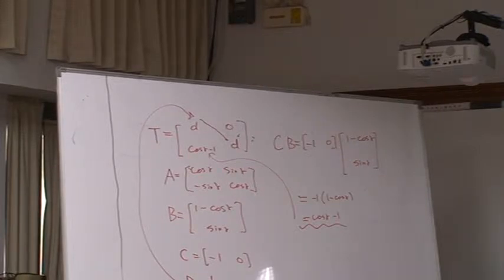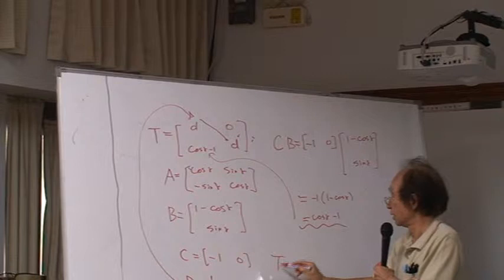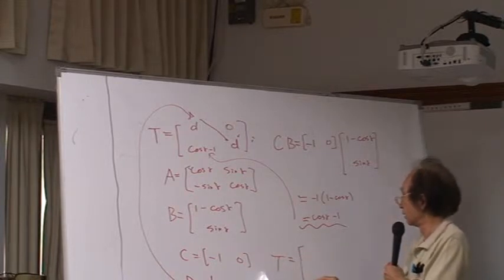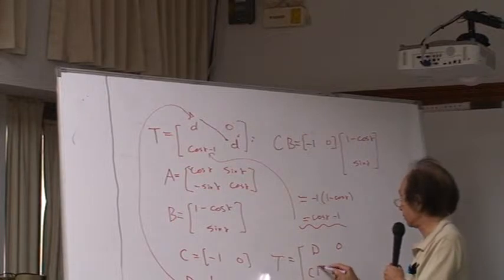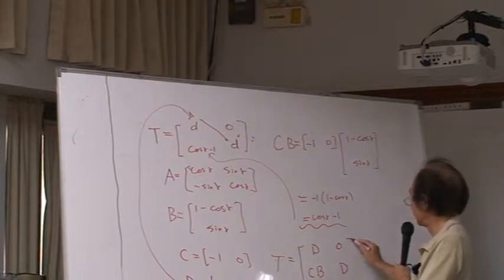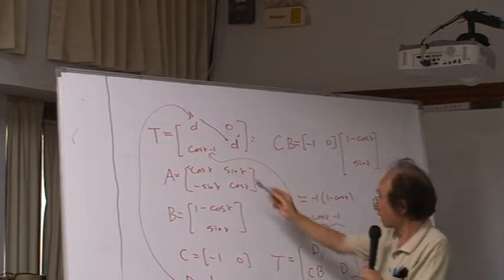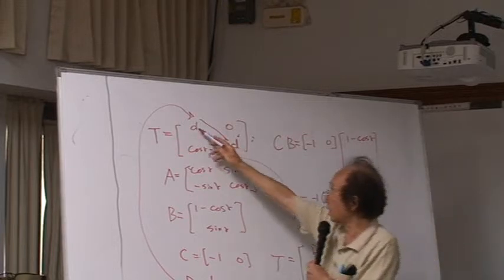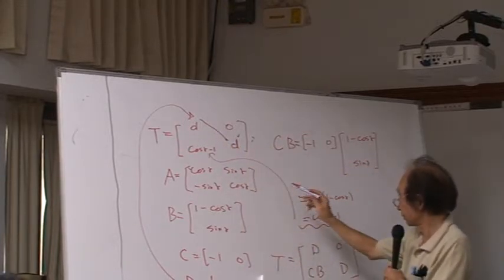So the T term, this script T here, that D 0 CBD, right? So that is, because that D is that D, and this is CB. So this is the same thing.